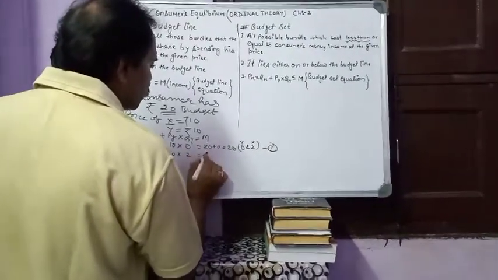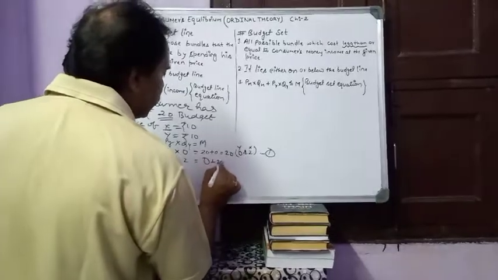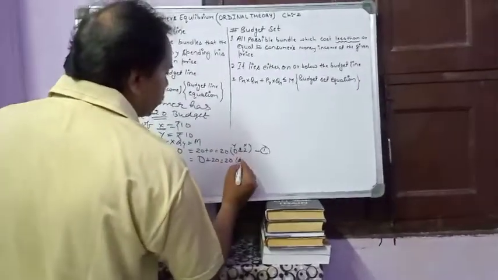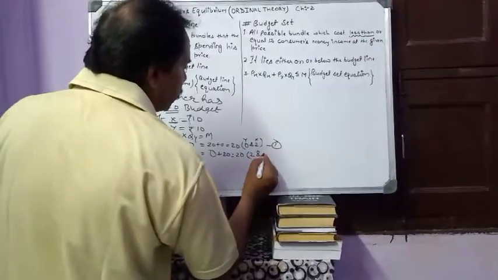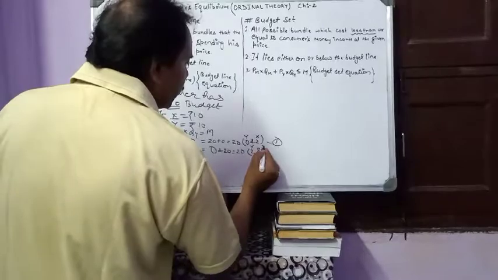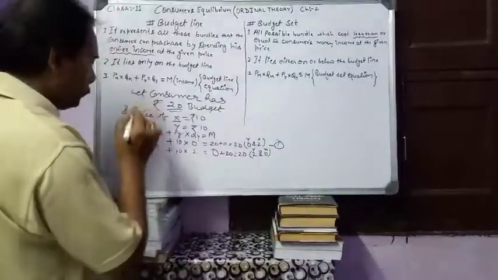So here the combination is 2 units of Y and 0 units of X.